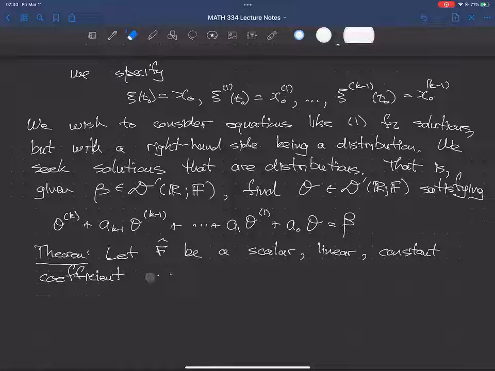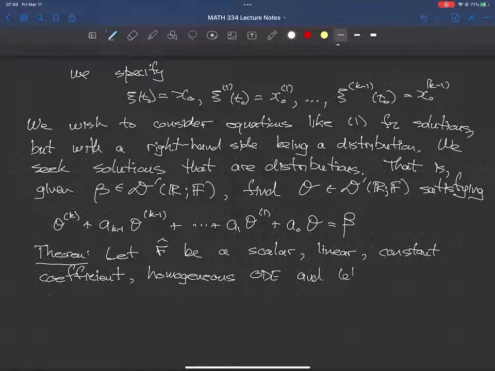Sorry, it's also homogeneous, although I'm going to solve an inhomogeneous problem associated to that. And let beta be some arbitrary distribution.